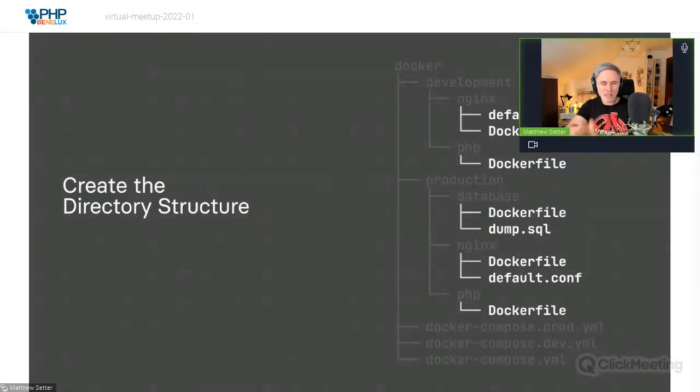And we'll see those a little bit later in the talk. Now, alongside the Dockerfile are any supporting files for that image, such as default.conf for the Nginx image, which overrides the default Nginx configuration file, and dump.sql for the database service.